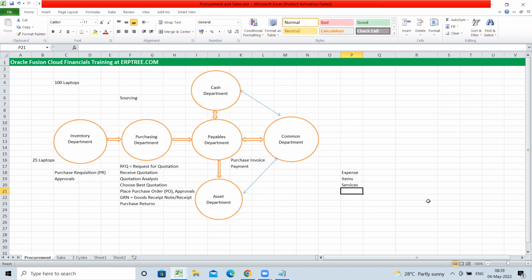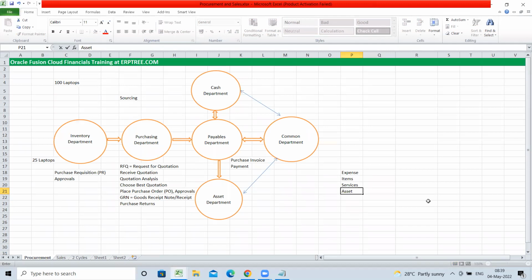Or else you might have purchased an asset. Say you purchased an asset like a building, land, machinery, plant, furniture or computers to use in your organization, not to sell. So if you purchase any asset, to make the payment for that asset related purchase, you have to create the purchase invoice.